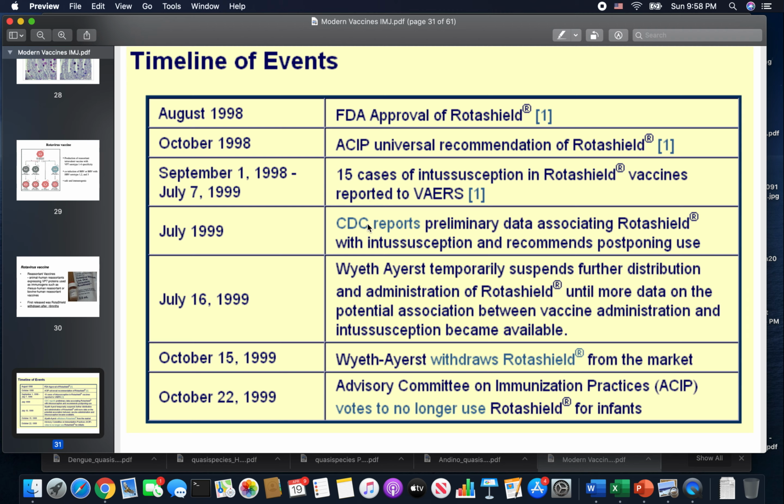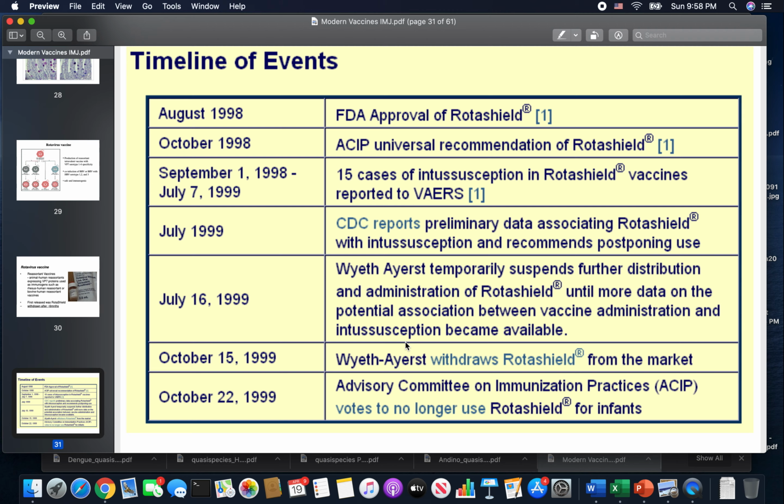And so the CDC reported that Rotashield was associated with intussusception and recommended postponing use. Wyeth, which was distributing the vaccine, suspended further distribution until more data on the connection between the vaccine and intussusception became available.